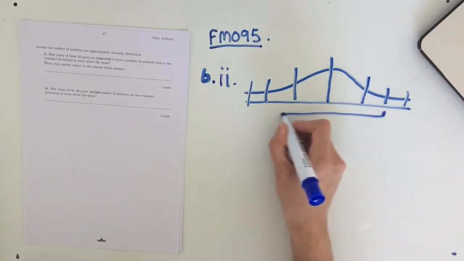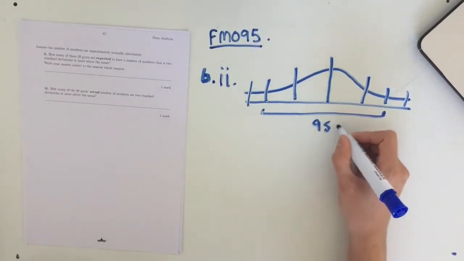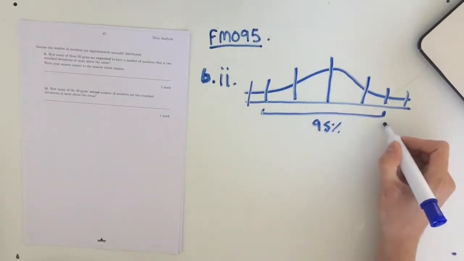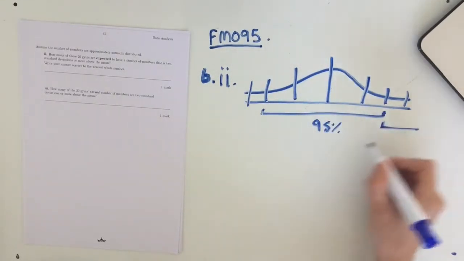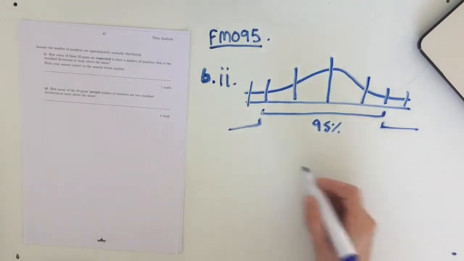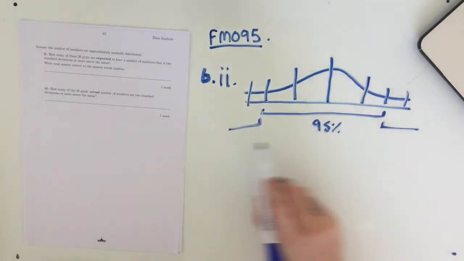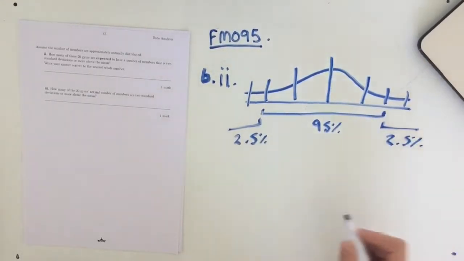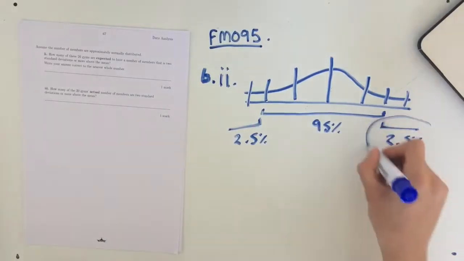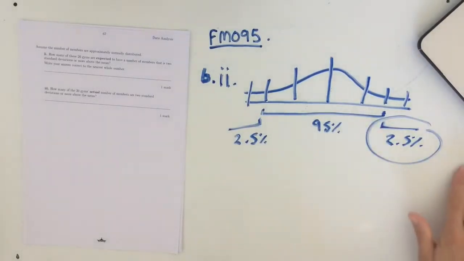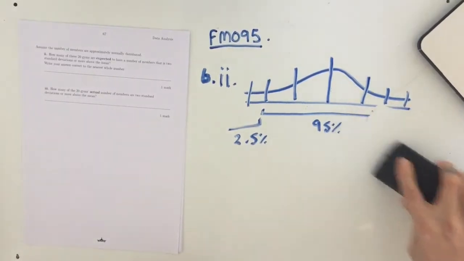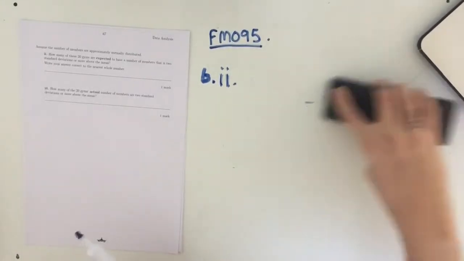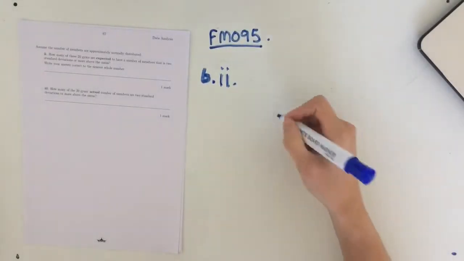Now remembering that this should encompass 95% of our data, the other 5% is contained from here on and from here down. If 5% is split between these two groups, each of them holds 2.5%, and we only want this part. So we want to find 2.5% of our 20 gyms.